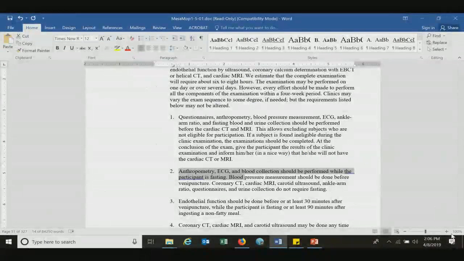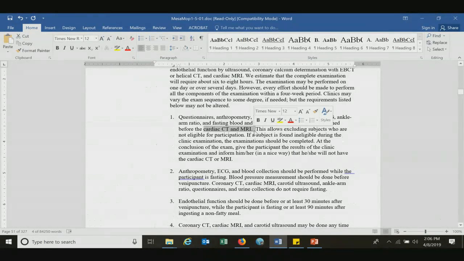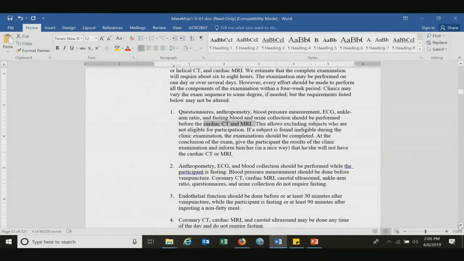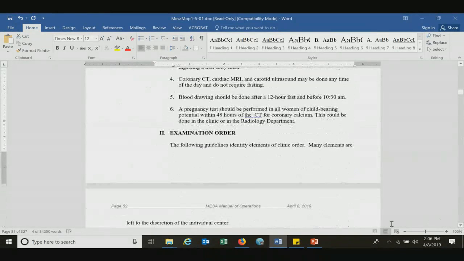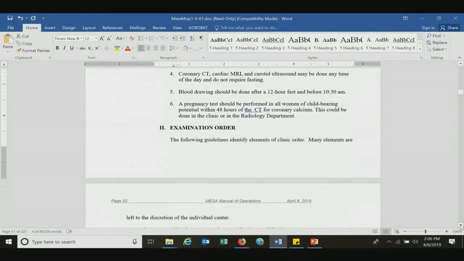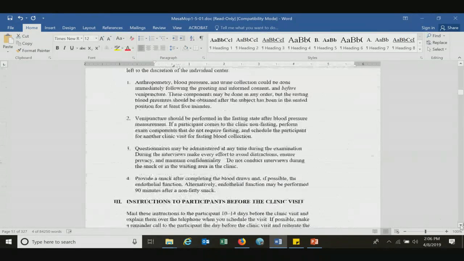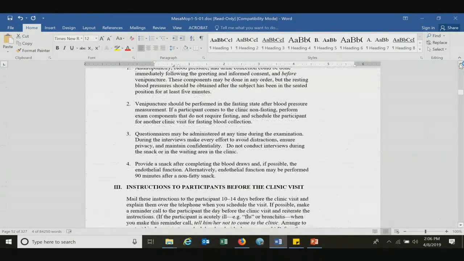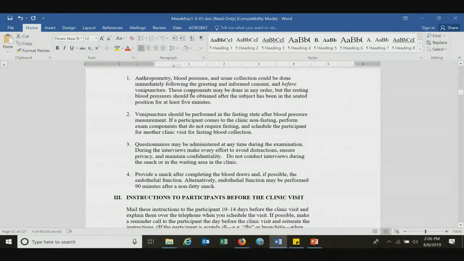And then they also have certain things that need to be done before the CT and the MRI. Why is that? Because then you're excluding people who aren't eligible, and that's an important consideration. You can scroll down, and they're saying some things are up to the discretion of the site, whereas other things should be done in a particular order. Okay?